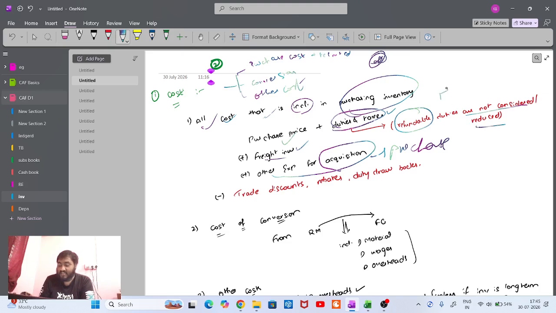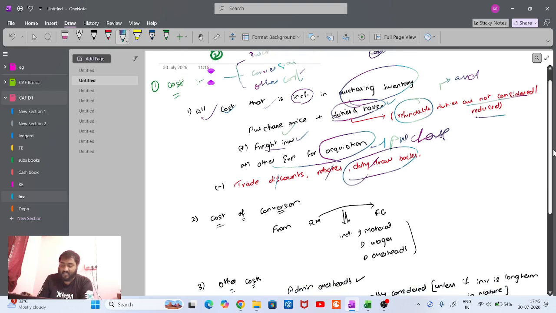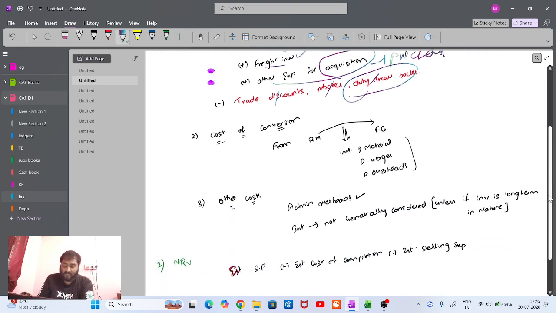We recognize them in the assets under some other name, not in inventory. So whatever duties and taxes that are refundable, that could potentially be refunded, are not included in the inventory. Next, trade discounts, rebates, duty drawbacks. Duty drawback is also tax. These are subtracted.